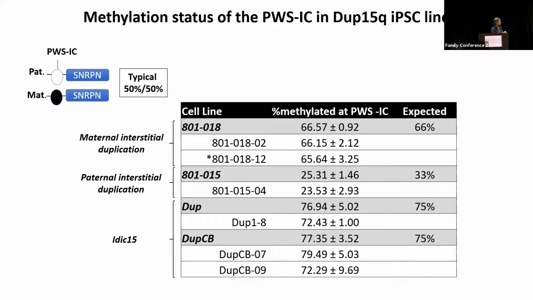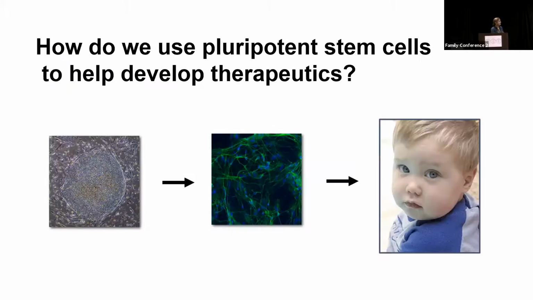Kids with an idic chromosome have 3 maternal copies, and that's why they're 75% methylated. 3 maternal, 3 methylated, 1 unmethylated, okay? And so this is maintained nicely. So we've established that we can make these cells, and we've established that they retain the parent of origin identity that's necessary to study them.